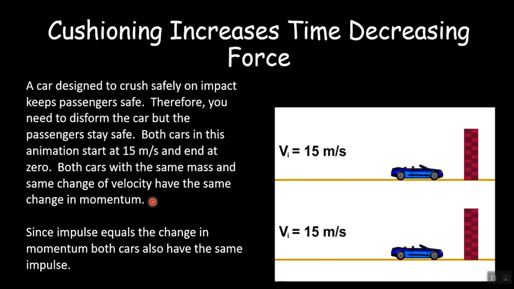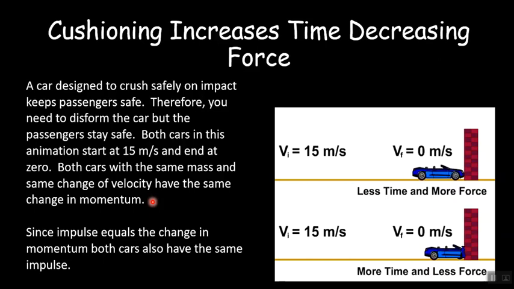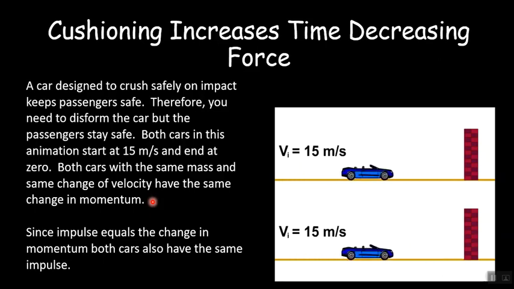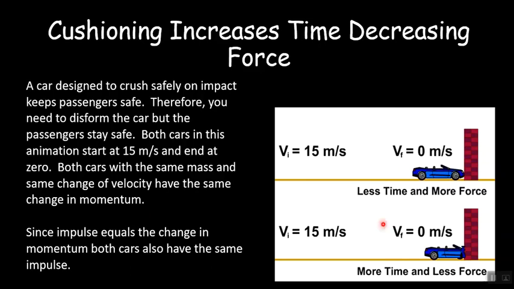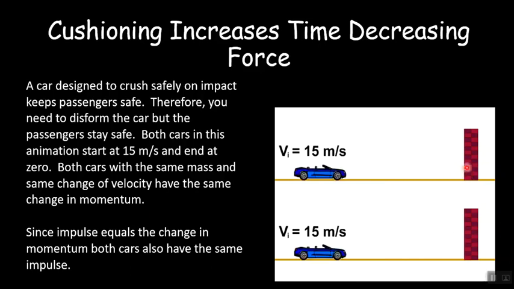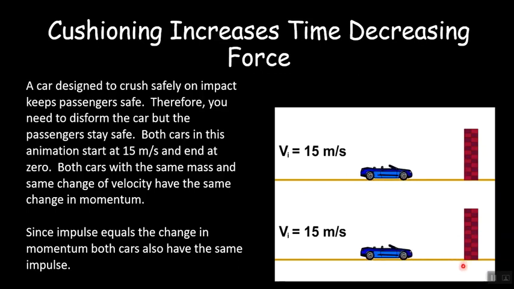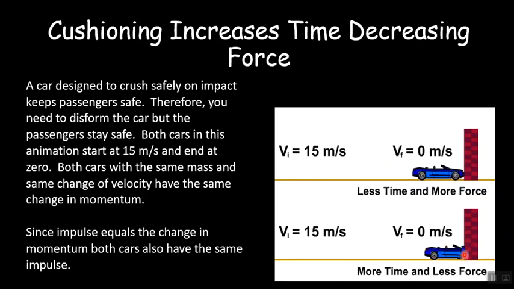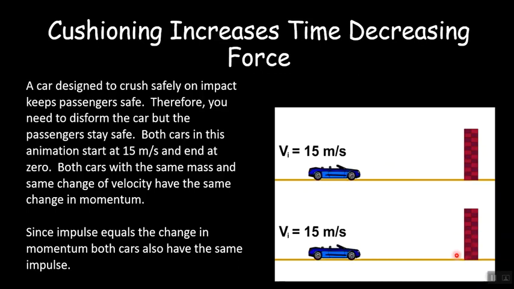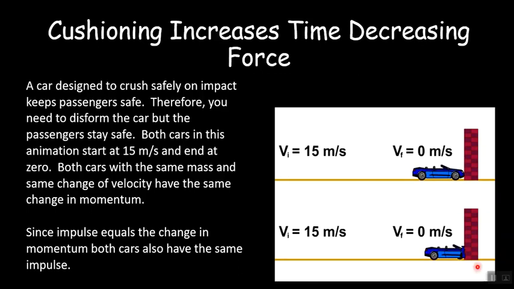What is not the same is the time that the force acts. Since the top car does not crumble or smash, the period is a very small period. But at the bottom car, we can see the car crumbles, extending the time of the impact.